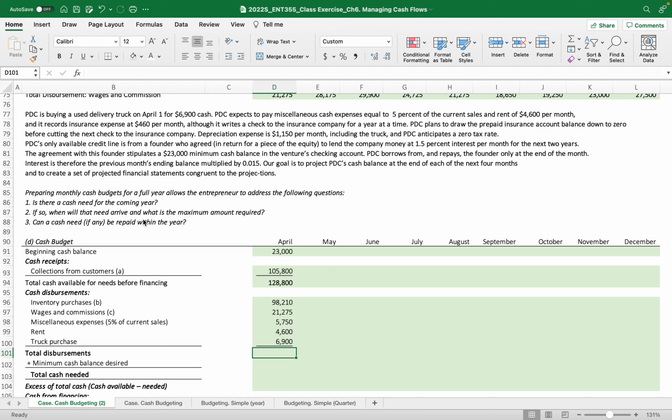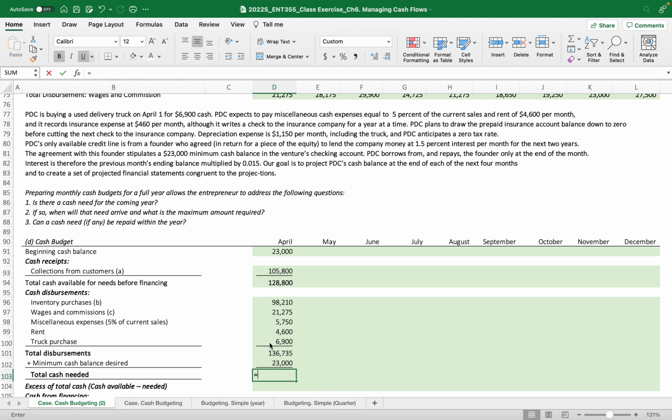So we get total disbursements. How much is the total? Just sum it up. Then we have 136,000 as total disbursements, plus the minimum cash balance desired, so that we can get the total cash needed. The minimum balance is fixed, at least 23,000 cash.